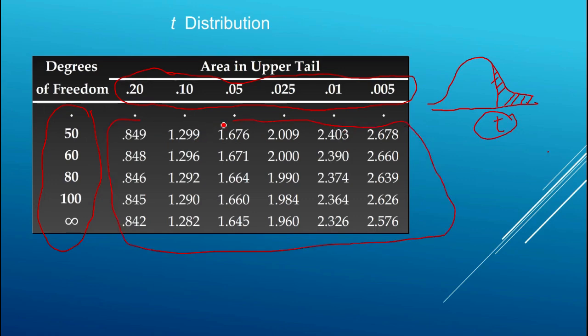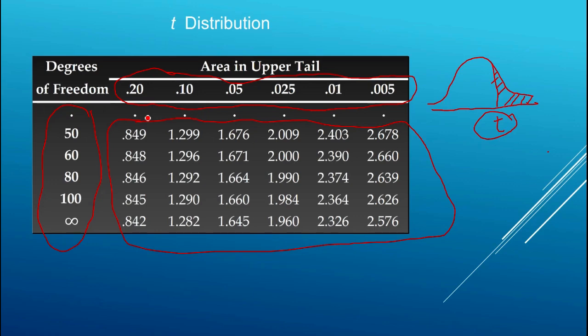It was really the z-score, not the t-score, that we were looking up in the standard normal distribution. And now we've got these values that used to be looked up in the outer row and column, the margins of the table, and we were looking for areas in the middle of the table. Now the areas show up in the top row of the table, the degrees of freedom show up in the first column, and what we're looking for are the t-scores in the middle of the table.